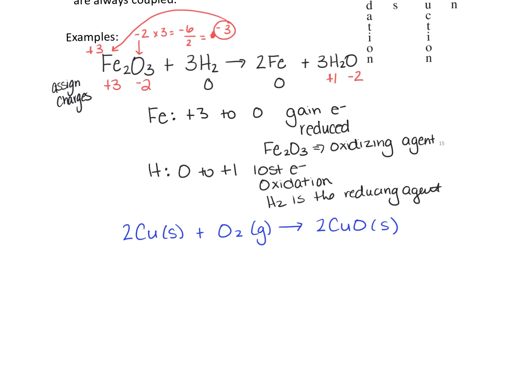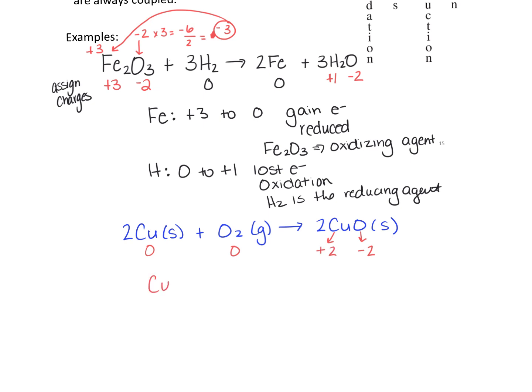We come here and we say, okay, copper is all by itself, so it has a charge of 0. Oxygen's all by itself, it has a charge of 0. Now we have copper oxide. Oxygen from the periodic table, we know its charge is -2. Copper, not from the periodic table, but because it's complexed with oxygen, and there's only one of them, and whatever charge copper has, it has to cancel out oxygen's charge, is going to have a +2 here.